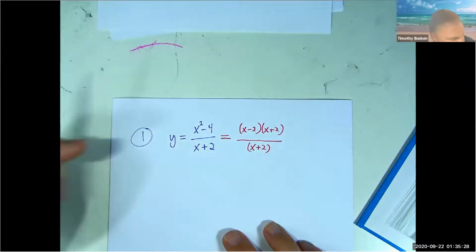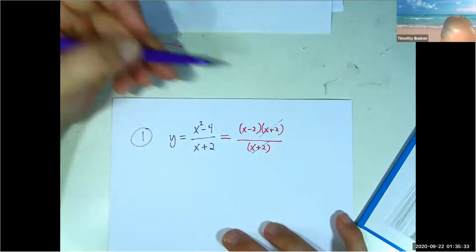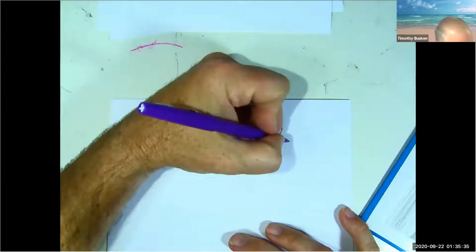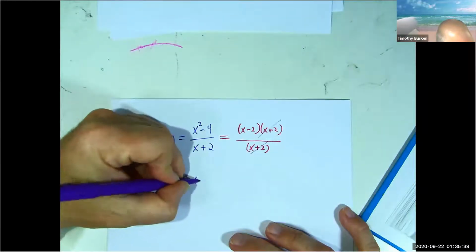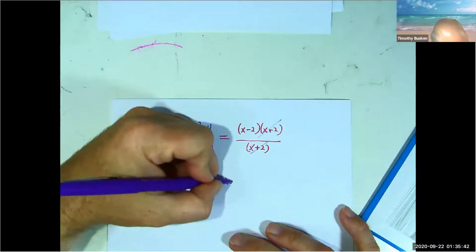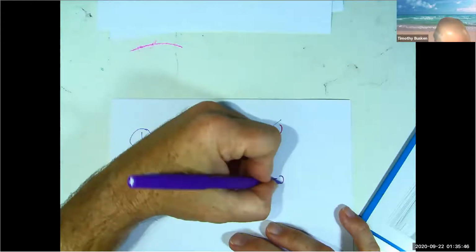And so you can certainly divide out a factor of x plus 2 and just rewrite y's definition as, well, just x minus 2, where x cannot equal negative 2, right?